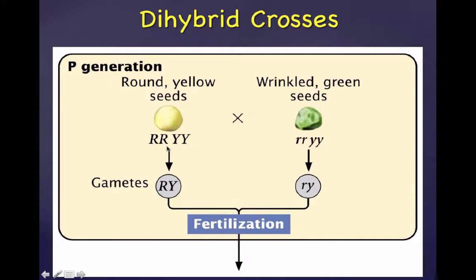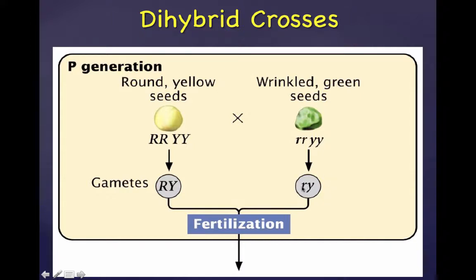So as these alleles move from the parent generation into the first generation, we really only have one choice from each loci that each parent can contribute. So in this example, parent number one can only contribute a big R at the first loci for round seed shape, and can only contribute a big Y for yellow seed color at the second loci.